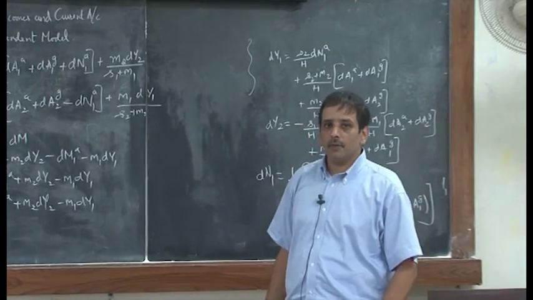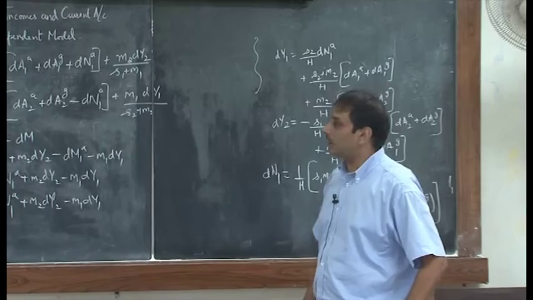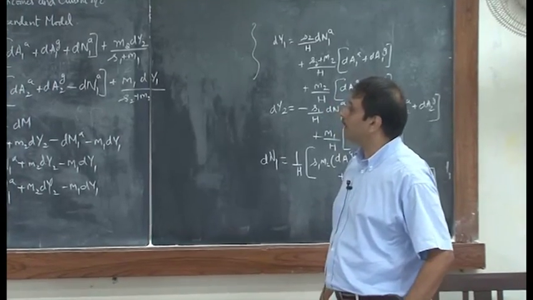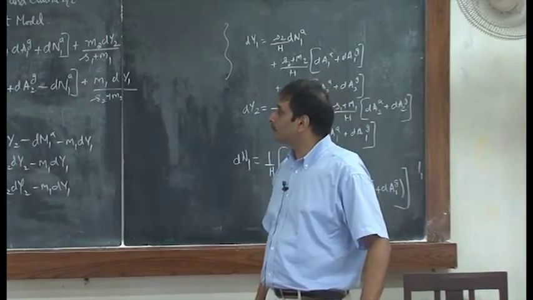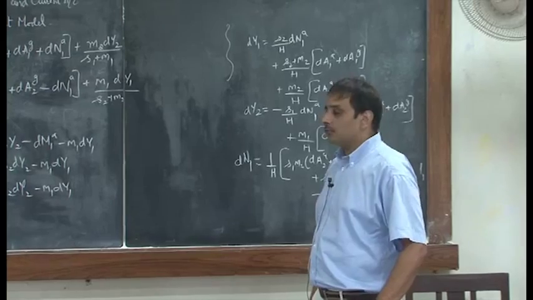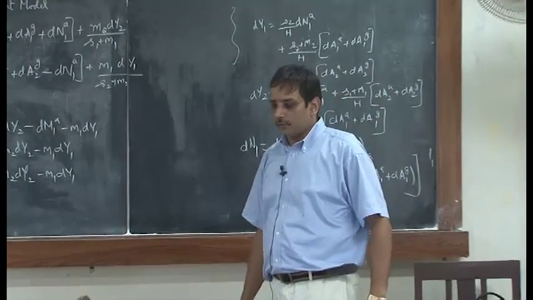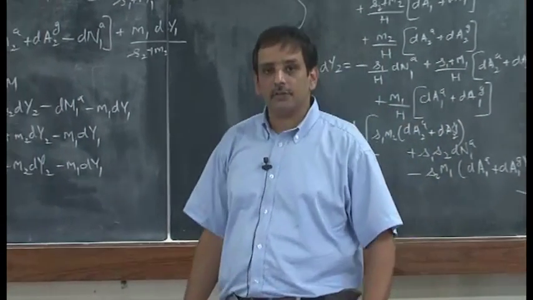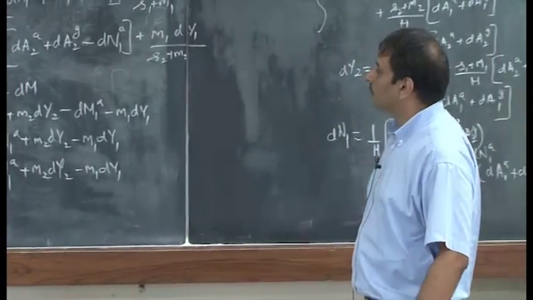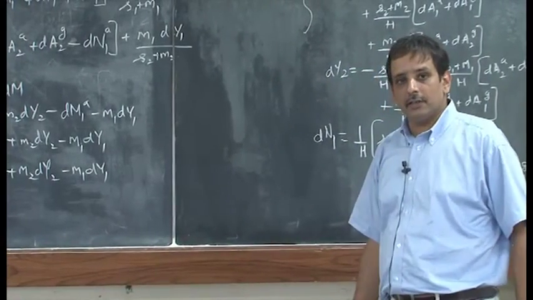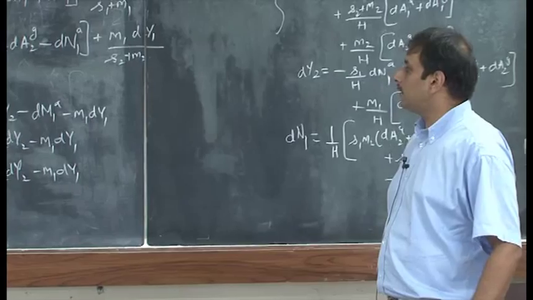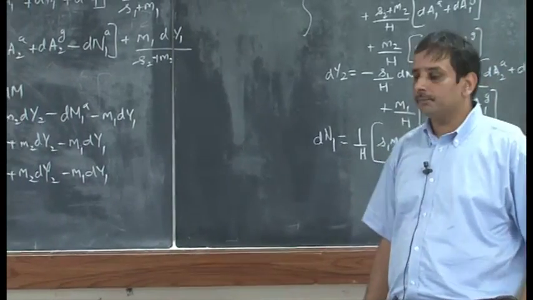Today we will carry forward our discussion on the interdependent model. The issue was that any shock given in the system leads to changes in the incomes and in the current account balance.